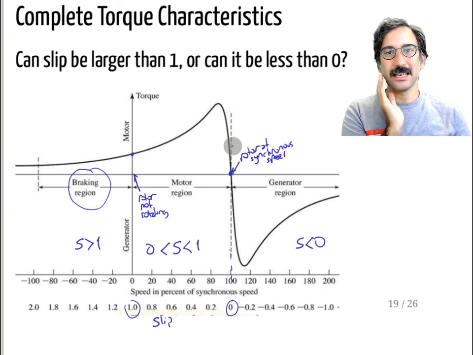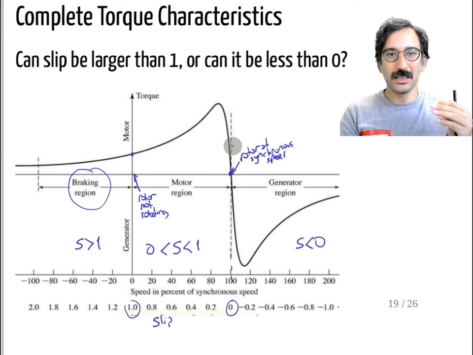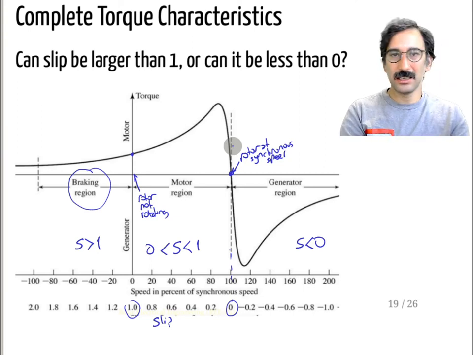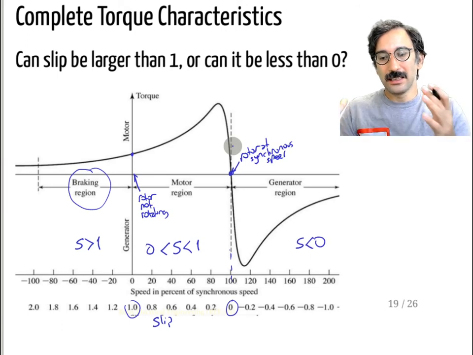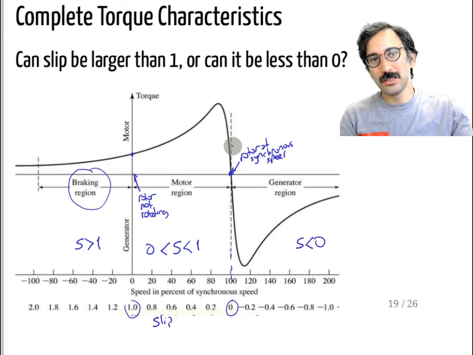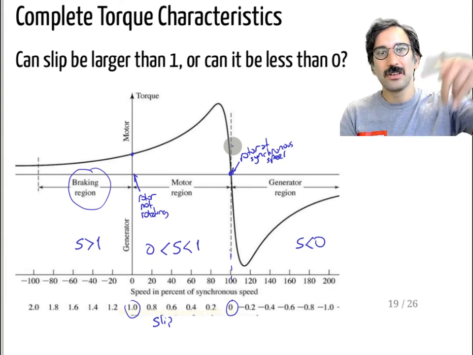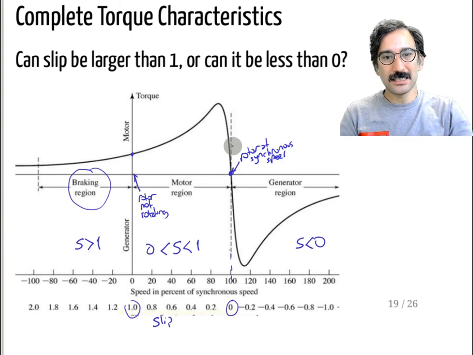In this case, the power flow direction changes because we are not using mechanical energy, but giving mechanical energy. Let's say you are connecting a wind turbine to the grid using an induction machine. The wind blows, it tries to accelerate your rotor, and it starts accelerating.